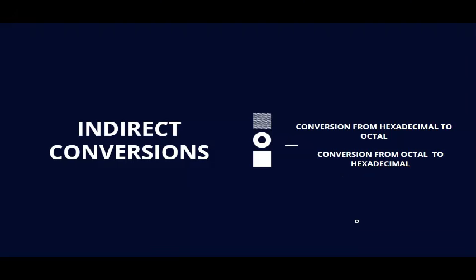Finally, we have the indirect conversions, that is the conversion from hexadecimal to octal and conversion from octal to hexadecimal. In these cases, the binary number system acts as a bridge.